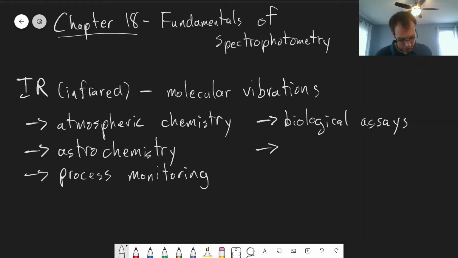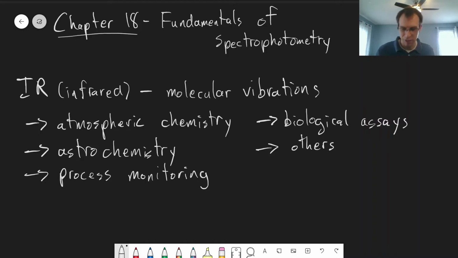One thing that's commonly used here is fluorescent proteins. You can use the ideas of spectrophotometry to measure concentrations of proteins by attaching fluorescent tags to them. And I'll just put others here. There are lots of other potential applications of spectrophotometry, and more are being invented all the time. So it's a very versatile technique.